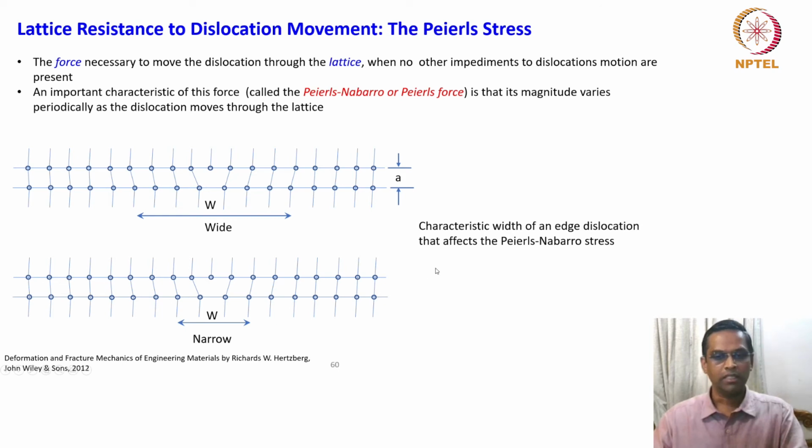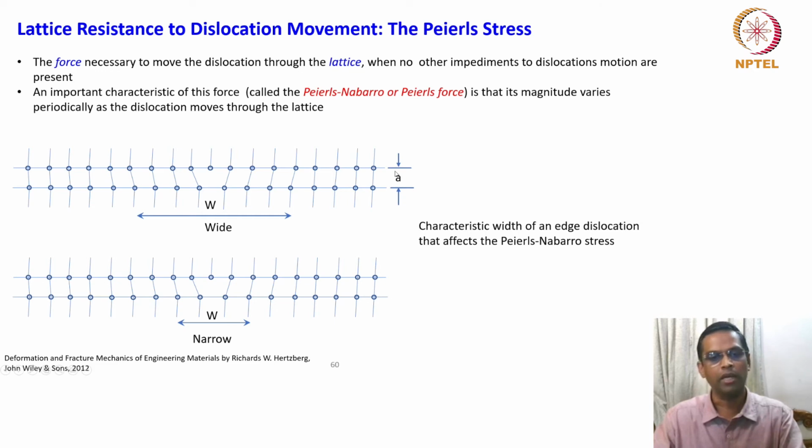So look at this schematic. It's a very interesting schematic. What is shown here is a characteristic width of an edge dislocation that affects the Peierls-Nabarro stress. What is this characteristic width? So this is a lattice, and these are all bonds which continue from the top, and this is the bottom.